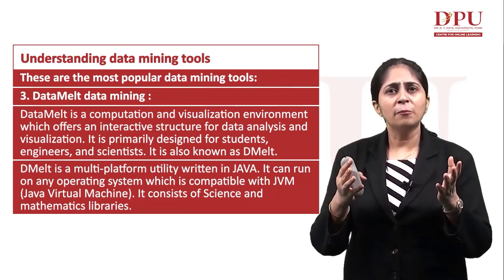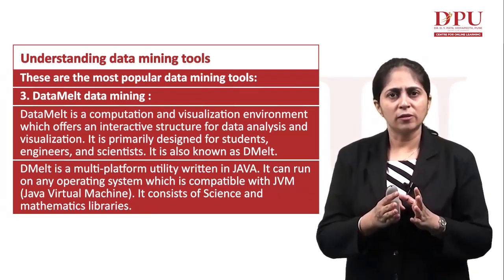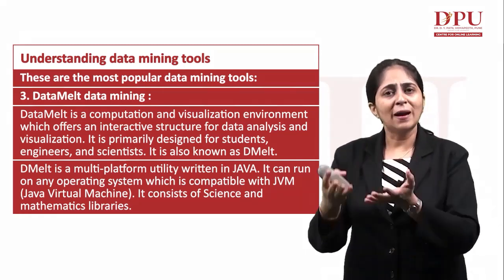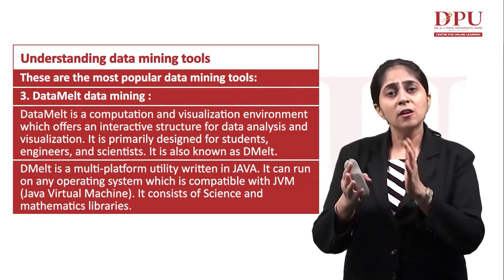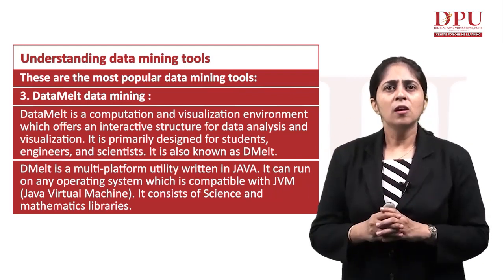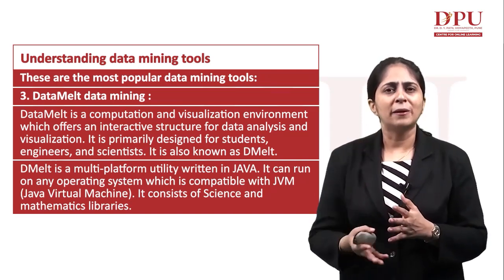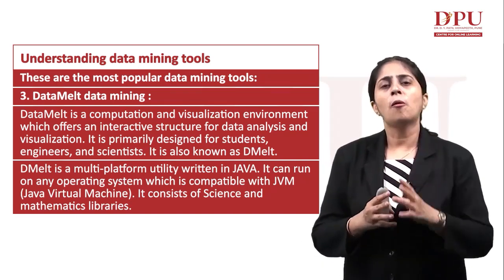Why is it platform independent? Because when something is run using a programming language, it requires some form of compiler or interpreter to decode the information. Java provides us platform independence. That means you can use any operating system.